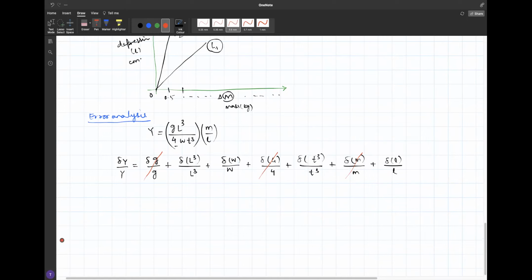Right? Ma'am? Yes? Ma'am, are we measuring the length of the beam by meter scale? Yeah, so normally that is given to you. Capital L is the total length, and that's something given to you. Let's say it's 70 centimeters or 90 centimeters, so that you can measure by the scale.